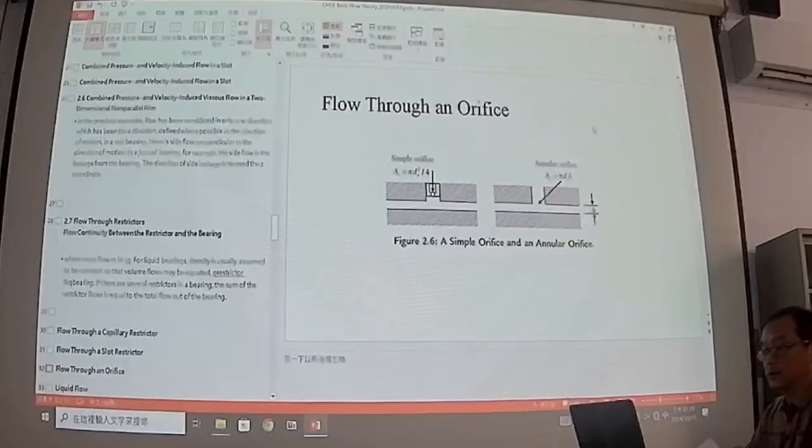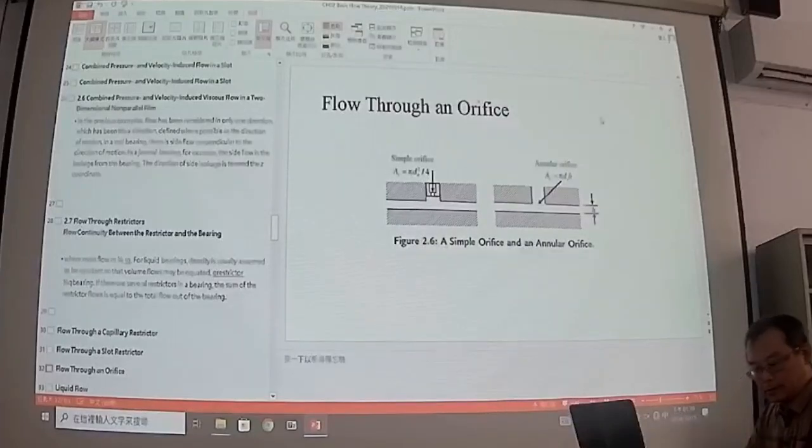Okay, so it's mainly the two-dimensional Reynolds equation to derive the volume flow rate for certain bearing shape and certain restrictor type.